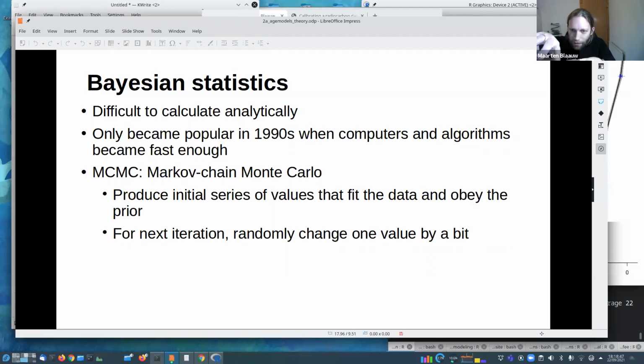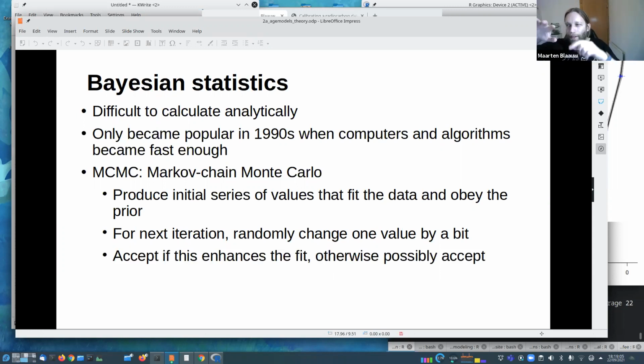Then, from that initial set of 5 values, we randomly choose one of those values, for example the second one, and we change it by a tiny bit. Then you either accept this new iteration as a new model, a new Santa Claus with a child on his lap, if the new value enhances the total fit of the data. We'll come to that. And if it doesn't enhance the fit, it still has a probability of being accepted.